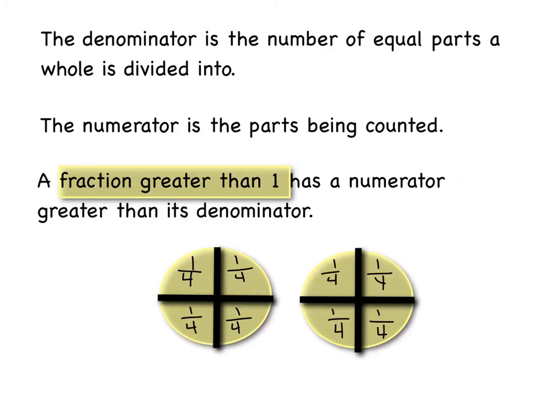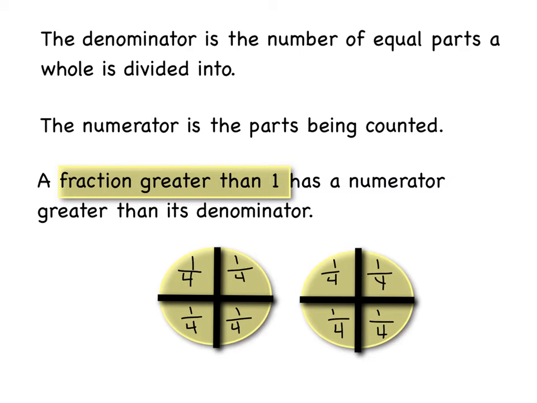Remember, the denominator is the number of equal parts a whole is divided into. The circles below are divided into 1, 2, 3, 4 equal parts. The numerator is the parts being counted.